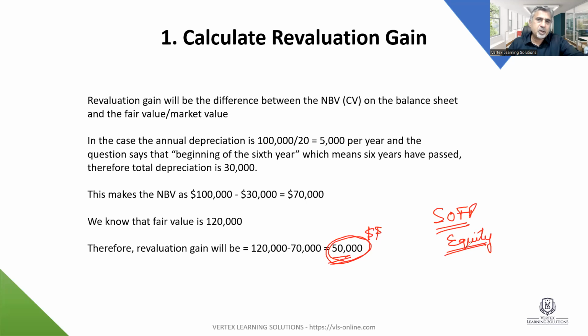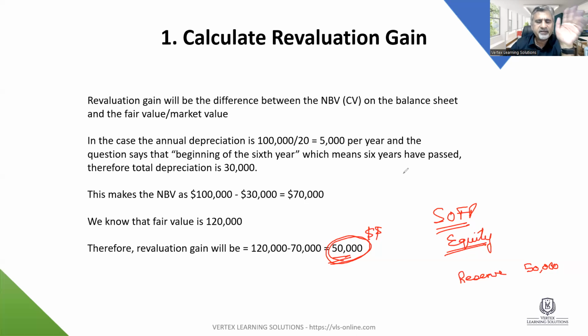Equity is the money which belongs to the owners. And under equity, I will create one section called reserves. And I will put $50,000 there. So even if we are not giving it to you, we are writing it down in your name on the balance sheet. And when this asset is sold, we will give you the money.